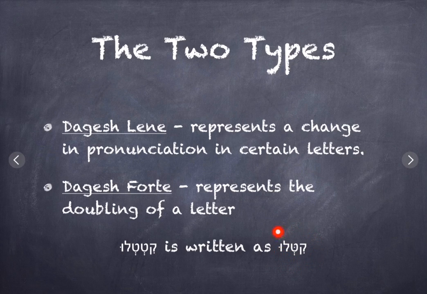This is Kitulu. This is the Piel perfect third common plural, and this is a form that you'll see in the Hebrew Bible. The first tet has been assimilated into the second, and you get a Dagesh Forte. But if we were to spell it out, this is what you would see.